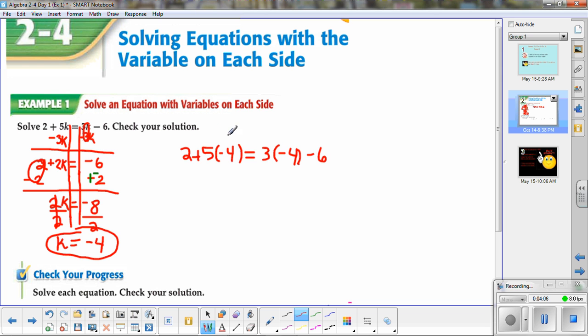Well, following the order of operations, we would do 5 times negative 4 first, which is negative 20. So 2 plus negative 20 is negative 18. On the other side, we would do 3 times negative 4, which is negative 12, and then minus 6. Negative 12, take away 6 more, is negative 18. That is how we know we've arrived at the correct answer of k equals negative 4.